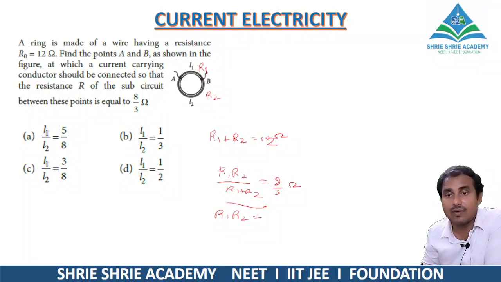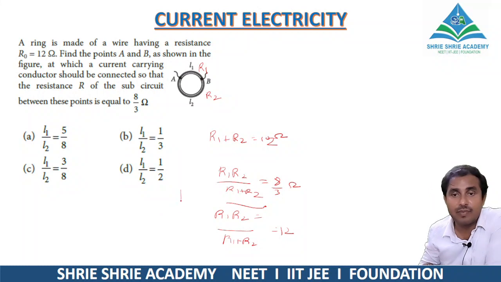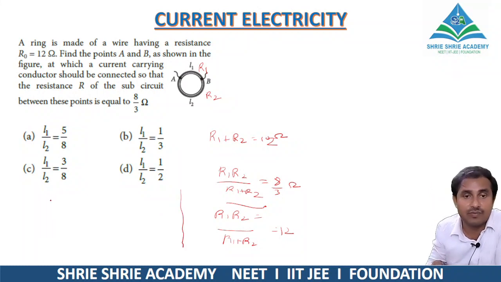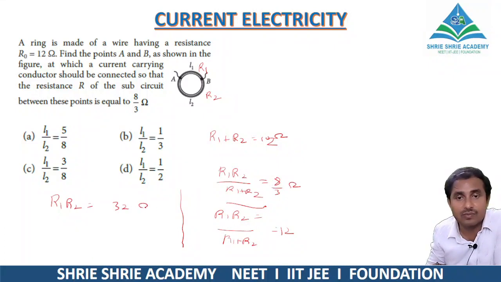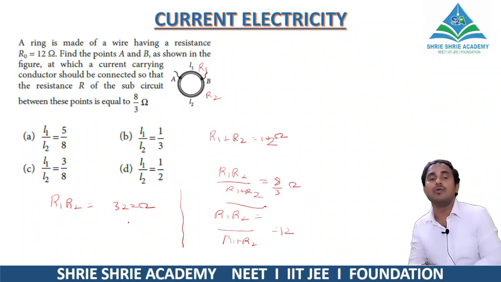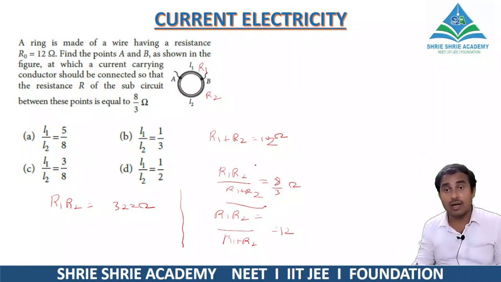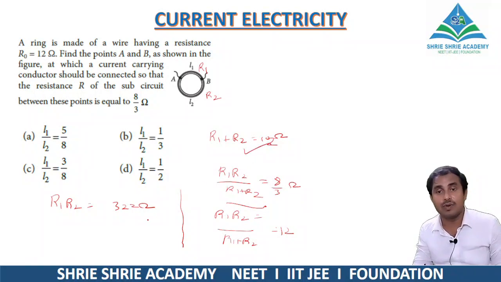So R1 R2 divided by R1 plus R2 equals 8 by 3, and 12 into 8 by 3 gives 32 ohm. Now you have to solve to get R1 and R2. R1 plus R2 is 12, R1 into R2 is 32. Mathematically, R1 should be 4 ohm and R2 should be 8 ohm.